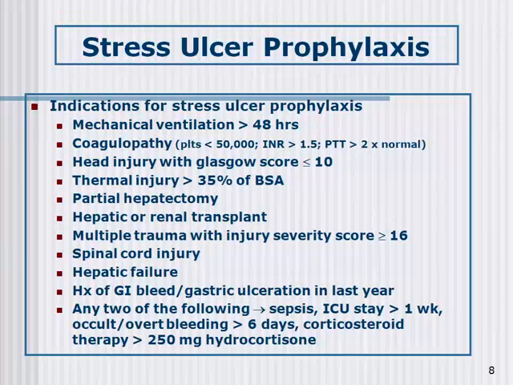Thermal injury involving more than 35% of body surface area, surgery on the liver, hepatic or renal impairment, transplant, multiple trauma with an injury severity score above 16, a spinal cord injury, liver failure because you're not producing clotting factors, history of GI bleed or gastric ulceration in the last year, and then any 2 of the following: an anticipated ICU stay greater than a week, patients that have occult or perhaps even overt bleeding for more than 6 days, and then steroid therapy, again high-dose steroids where the steroid dose equivalent is greater than 250 milligrams of hydrocortisone per day.